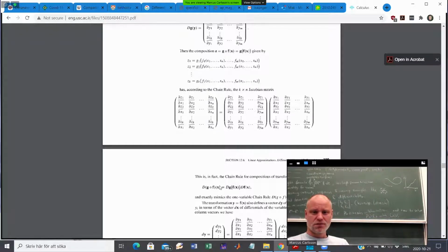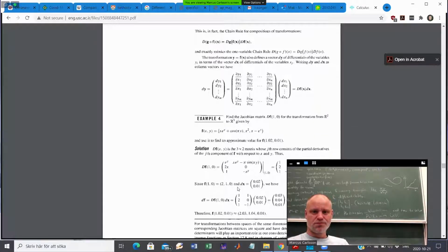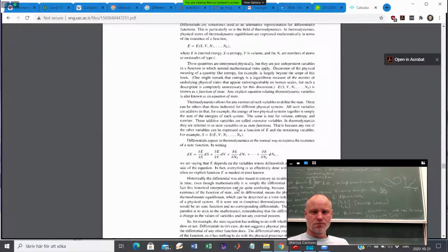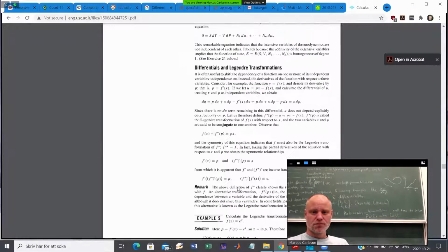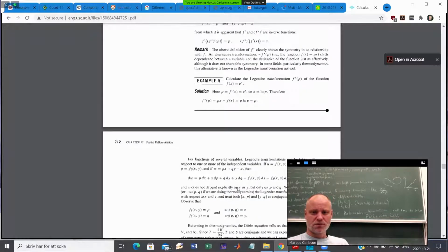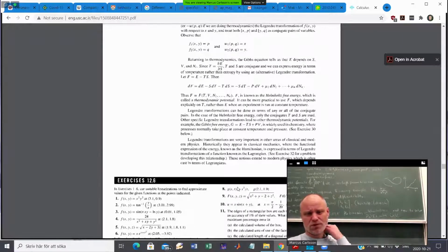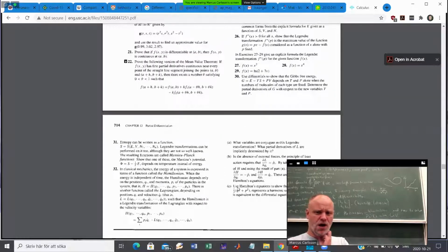Written shorter, here's the formula, which is the one I wrote on the blackboard. So this you should know. The end here about the Legendre transform and whatever, you just skip that completely.